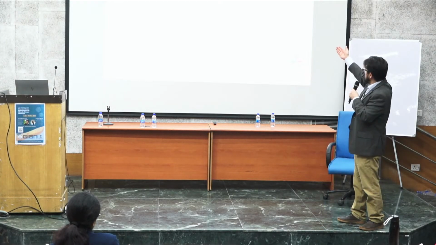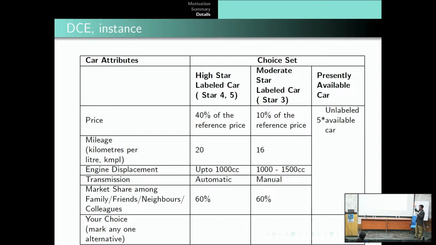The high star label, which is going to take value 4 or 5, was going to be showing you the most efficient cars. The medium or moderate star label was going to be showing you the moderately efficient cars. And then we asked them to choose either of these or the presently available alternative. Why did we do this?